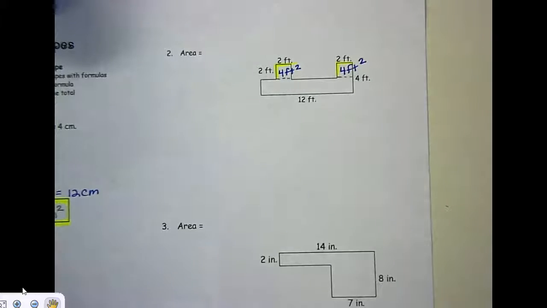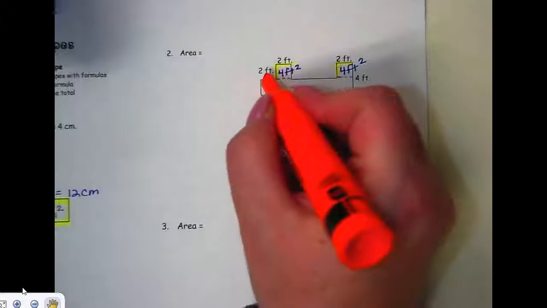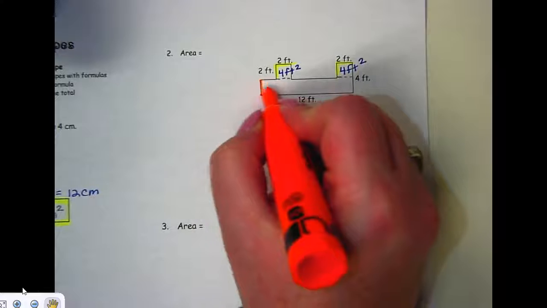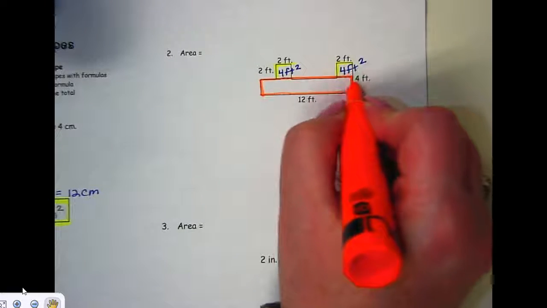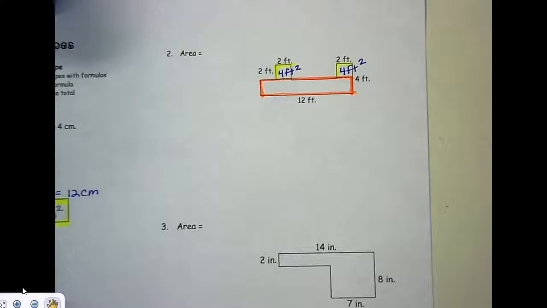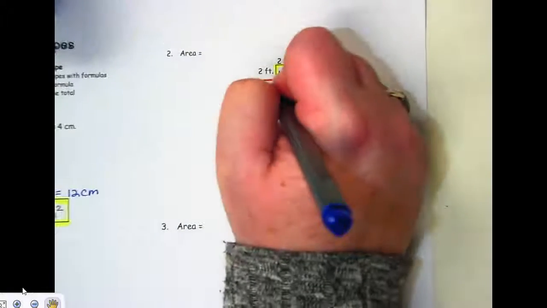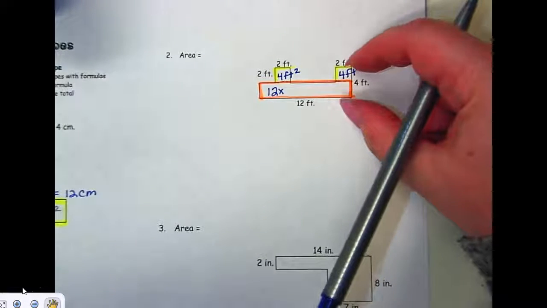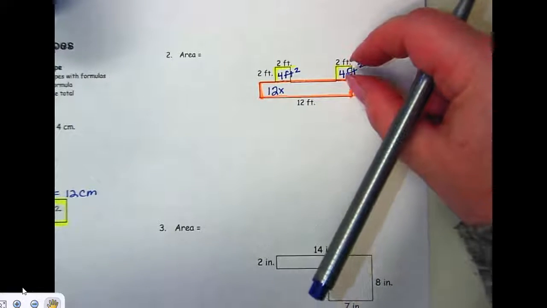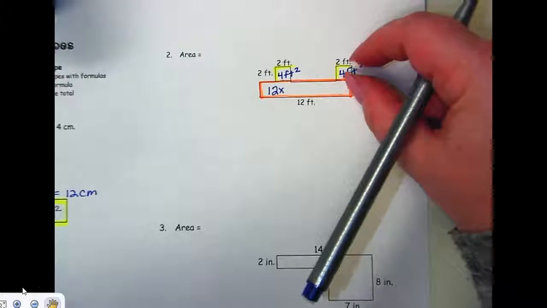Then I want you to look and think about the base and the height of this rectangle. What's the base? 12. What's the height? So this rectangle goes all the way up there. It's going to be 2. I've got to take that 2 off, right?